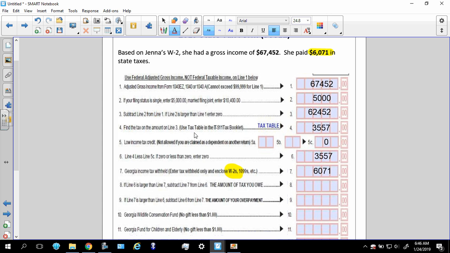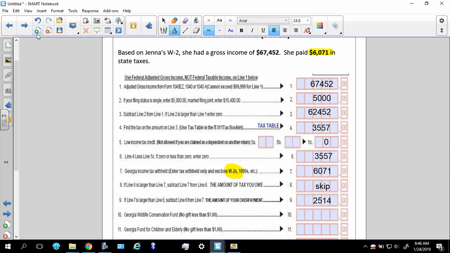Nope, that is not right. So for line 8, she is not going to overpay, so I'm going to skip this line and go to 9. Line 7 is bigger, and she is going to get a refund of $2,514. There you go. Pretty simple.